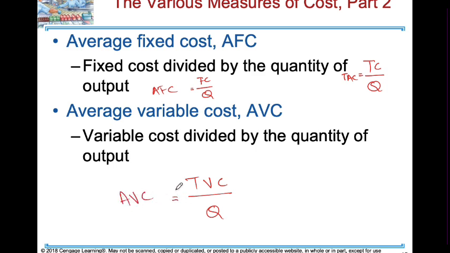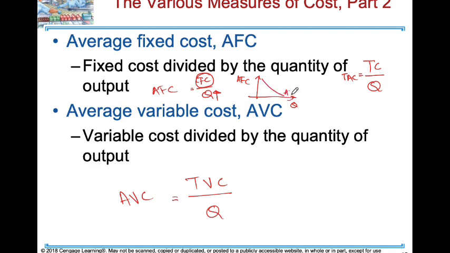What is important for this course is that you be able to see that since fixed cost is fixed, and if quantity keeps on increasing, if somebody were to ask you to draw a graph of average fixed costs and quantity, the graph should be something that is downward sloping.